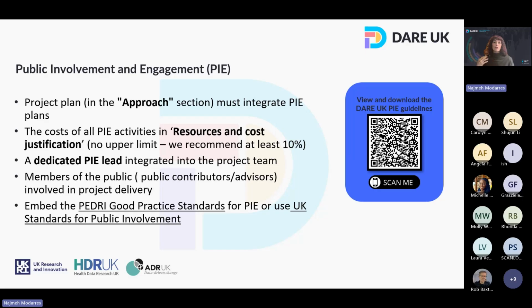How are you going to engage the PIE members, public members, and so on. We suggest embedding the PEDRI good practice standards for PIE, or the UK standards for public involvement. These slides will be shared, and you can go through any of these processes. And again, we're really looking forward to seeing evidence of members of the public being involved in your project delivery during these 12 months.